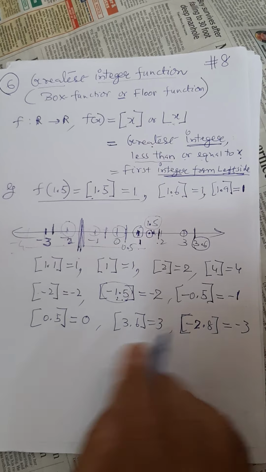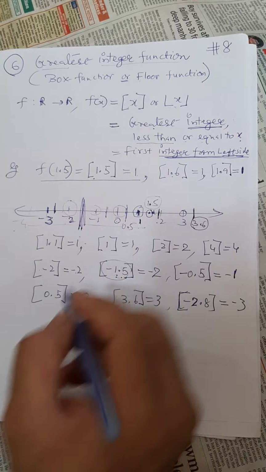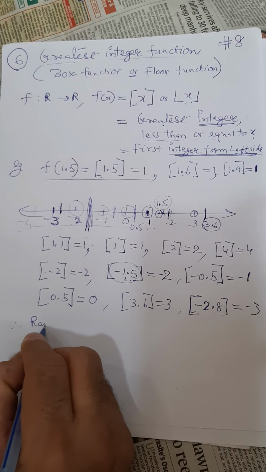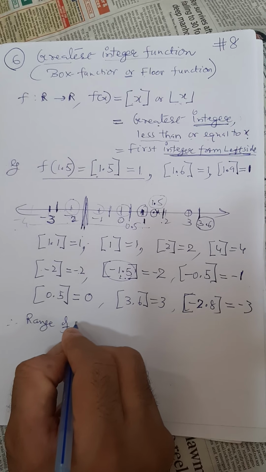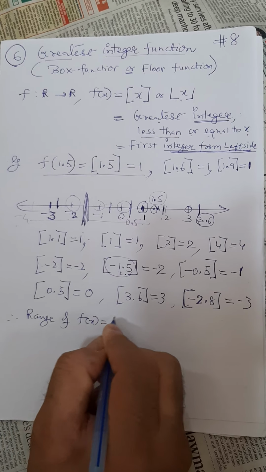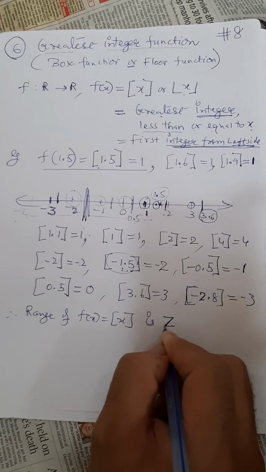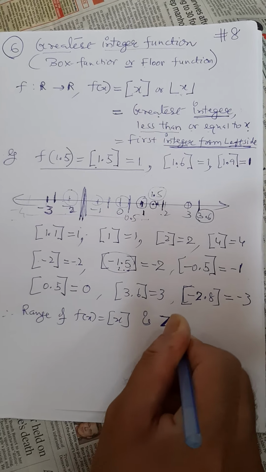So the answer is minus 3. So the range of this function is always an integer. Range of f(x) equals box x is Z, all integers. Remember, it's Z, all integers.